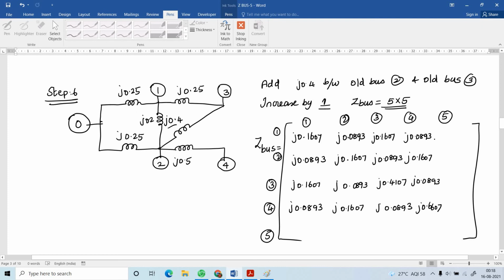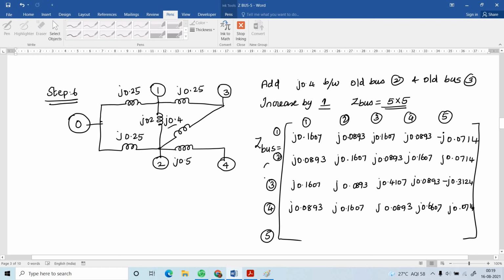So 2 minus 3 gives the answer minus J0.0714, J0.0714, minus J0.3124, J0.0714.